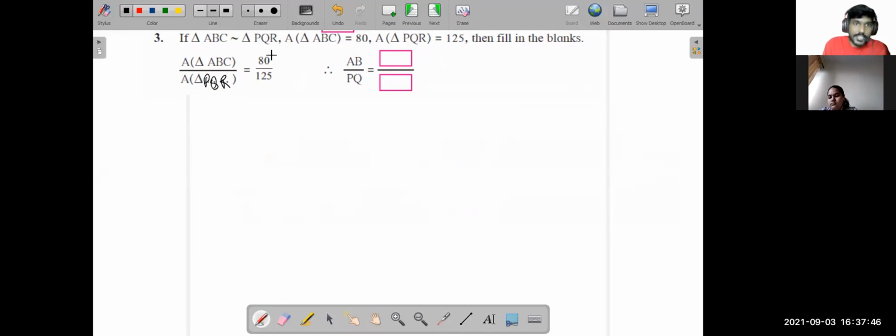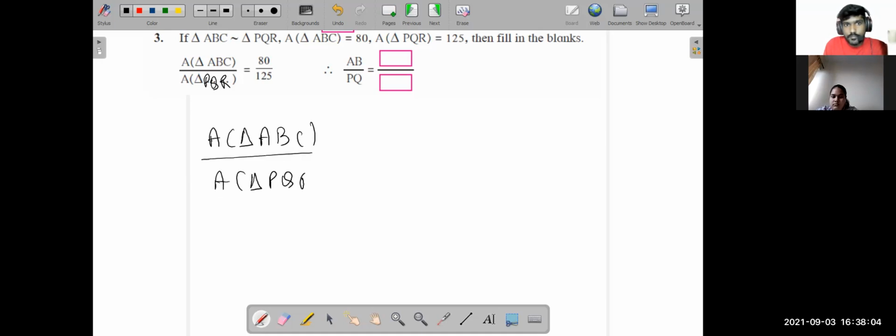So this is 80 upon 125, but you have to find out AB upon PQ. So you will have to use the formula. Area of triangle ABC upon area of triangle PQR, this we know will be AB square upon PQ square. This is by the theorem.